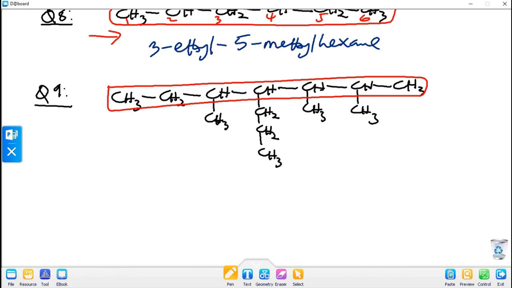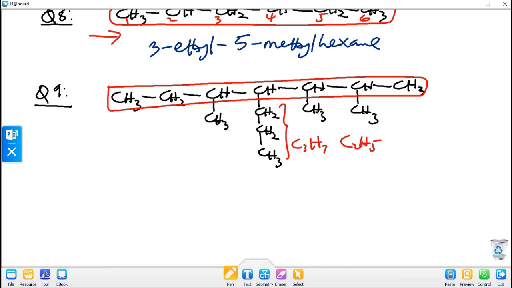That is, we have 3 methyls, and this drop down is C3H7. That is propyl. We've been seeing ethyl, which is C2H5.